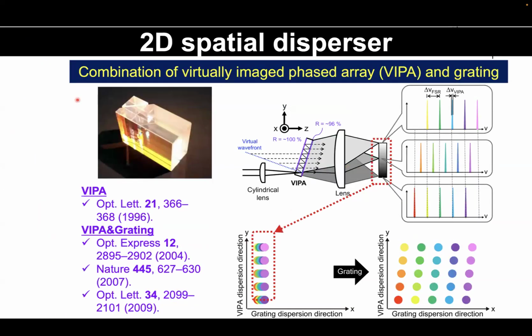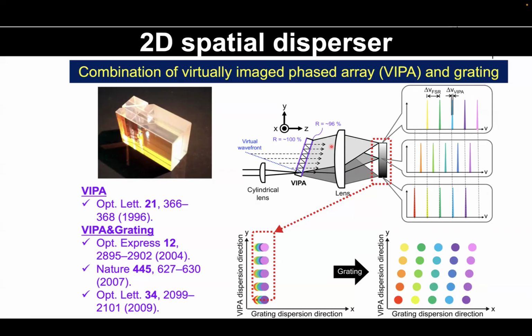The 2D spatial disperser is composed of VIPA and a diffraction grating. VIPA is a tilted Fabry-Perot etalon like here, and its transmission has resonance transmission peaks with a constant frequency spacing equal to the FSR, similar to the usual Fabry-Perot etalon. The incident light experiences a different number of internal reflections in the VIPA depending on the vertical position.